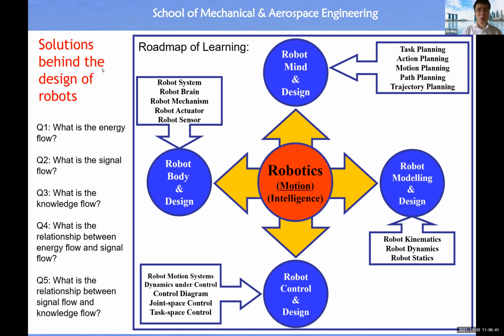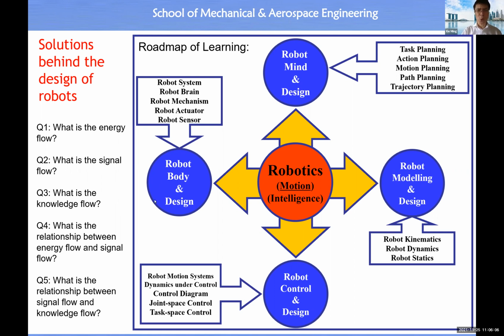In order to prepare you to put yourself into the mindset of a designer, I give you these extra 5 questions. This will help you to focus your study on the design of a robot's body.